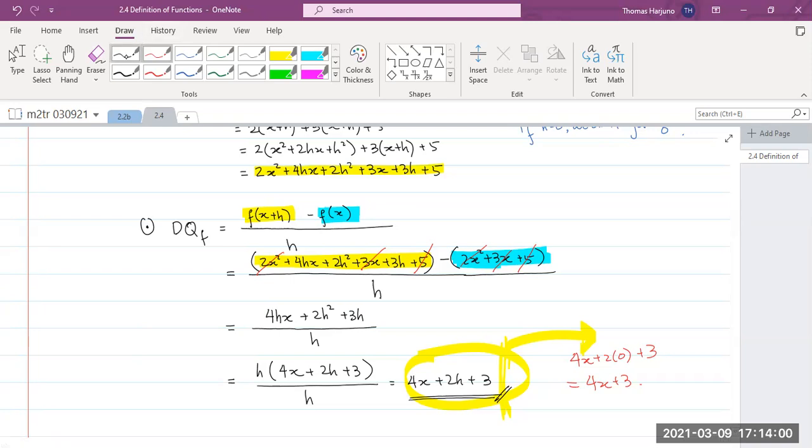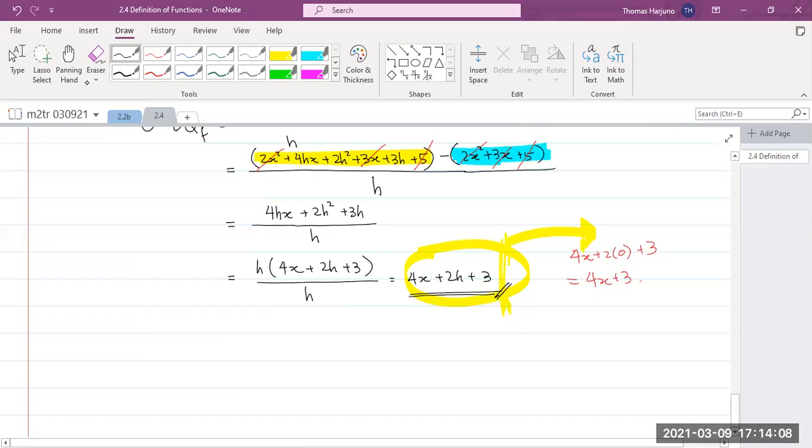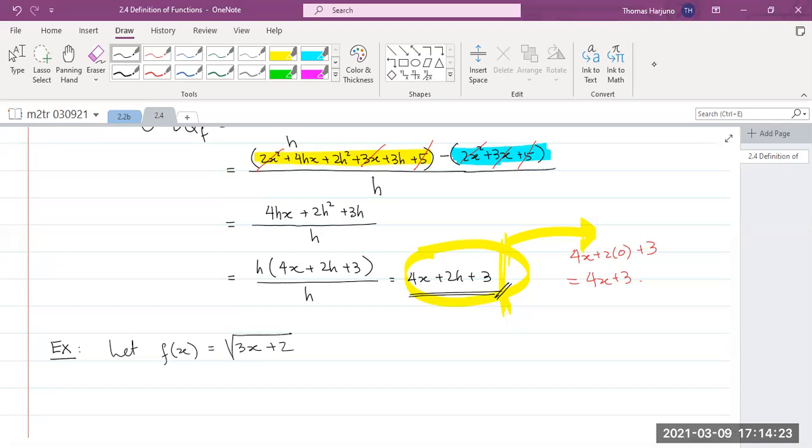Okay? Now, I will do one more example and then give you a break. Suppose f(x) equals the square root of 3x plus 2. We put h equals 0. When do we know we can stop?